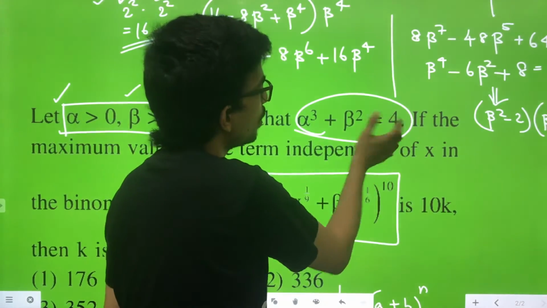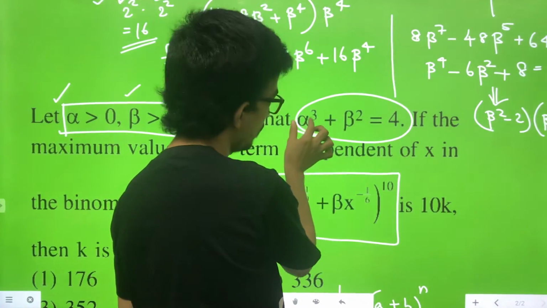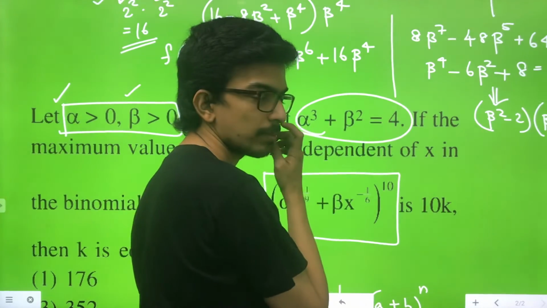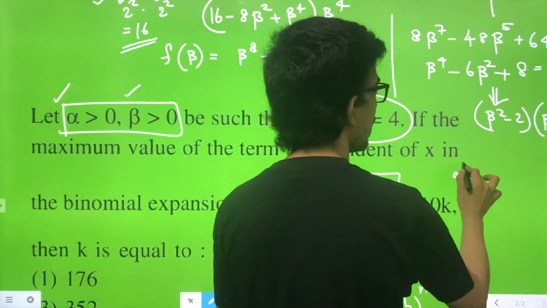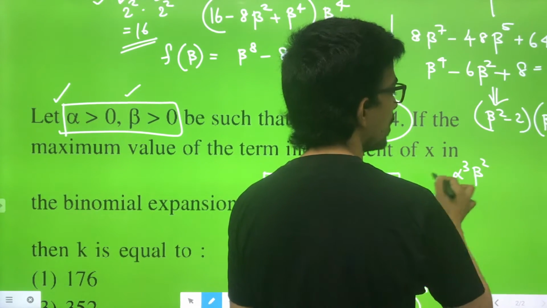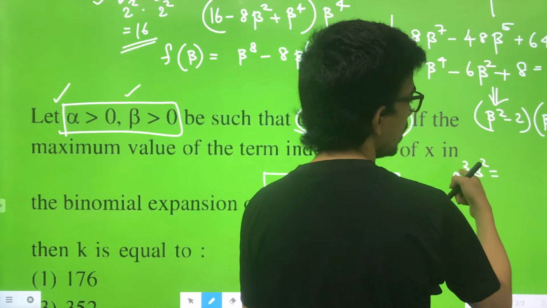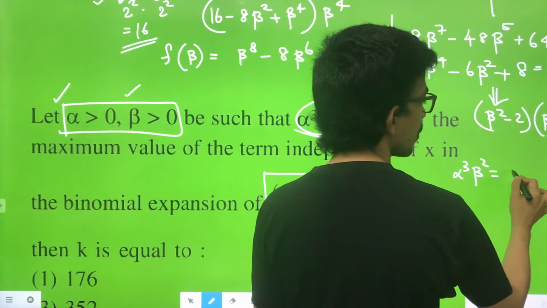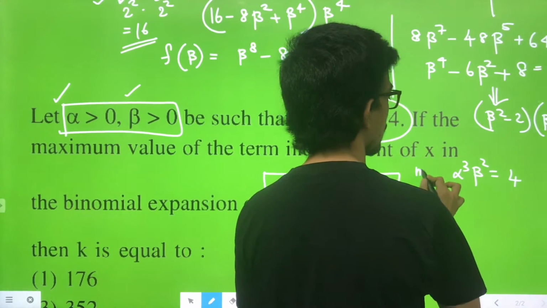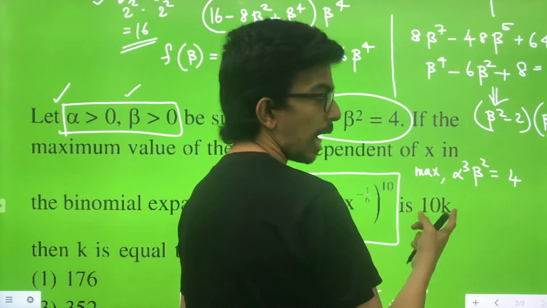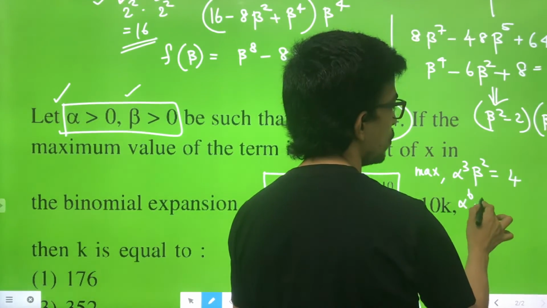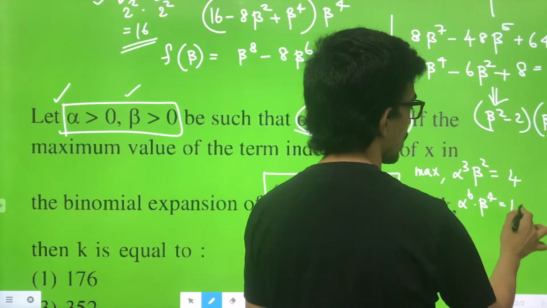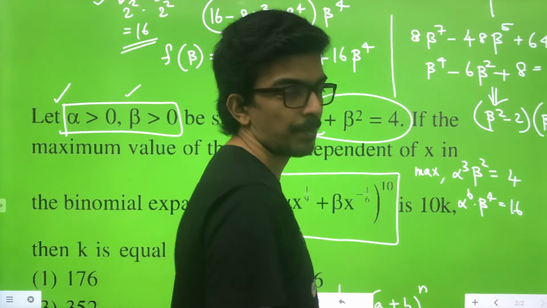So equal means this will be 2, this will be 2, this will be 2, this will be 2. So alpha cube into beta square will be maximum when this is 2, this is 2, which is 4, maximum. And our p was nothing but the square of this quantity, which was alpha power 6 into beta power 4, which is 16. The maximum value was 16.